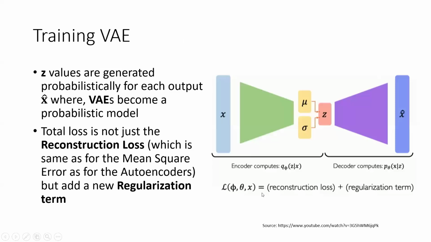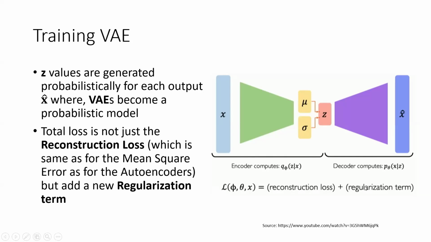So when it comes to calculating the loss, you calculate not only the reconstruction loss, which is the mean square error between the given image and the created image, but also the regularization loss, which is relevant to the KL divergence from the z value to the normal distribution specified by this mu and sigma, right?